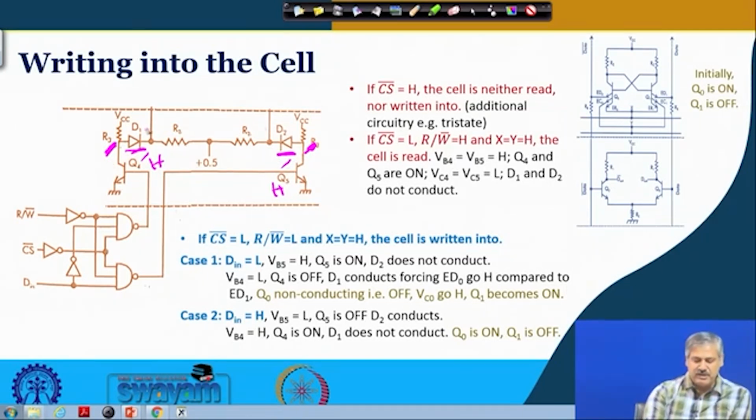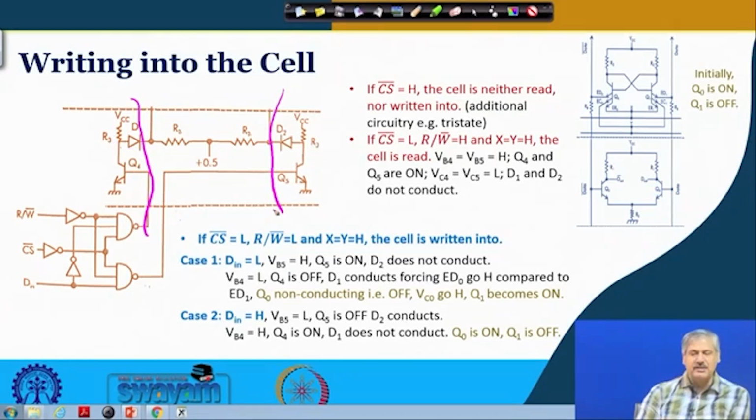So this part of the circuit is as if it is not there, because no current is flowing from this direction, and in a diode current can flow in only one direction. So it is not possible to flow current in the other direction as well. So it is what we had seen before. So standard read operation would take place.